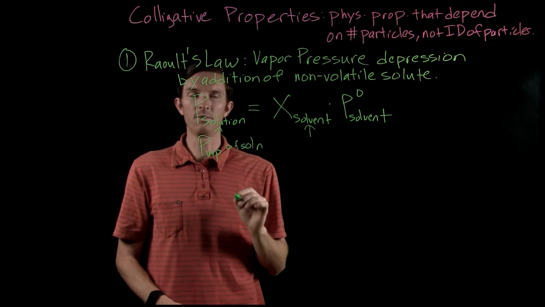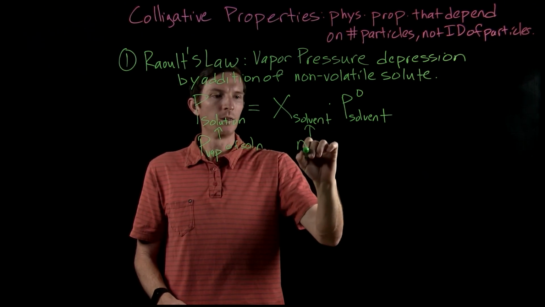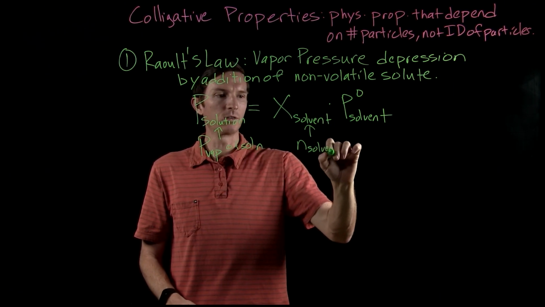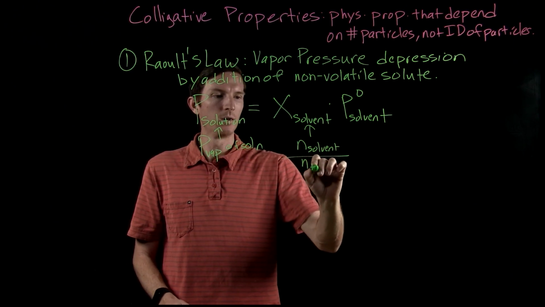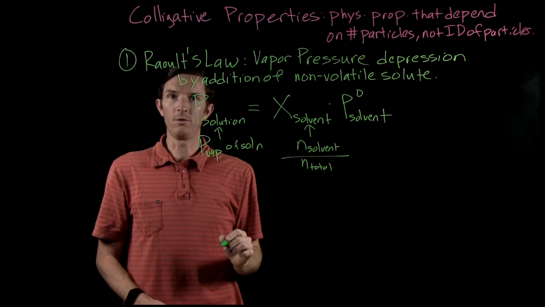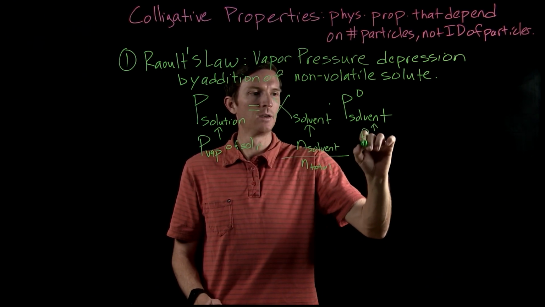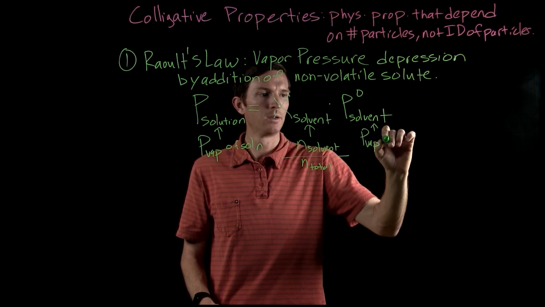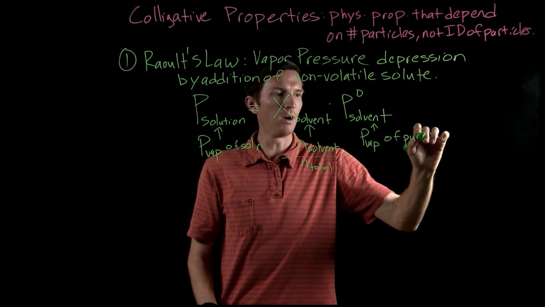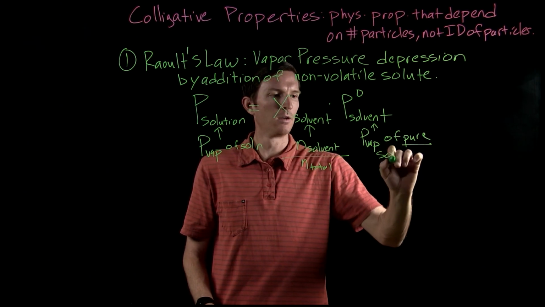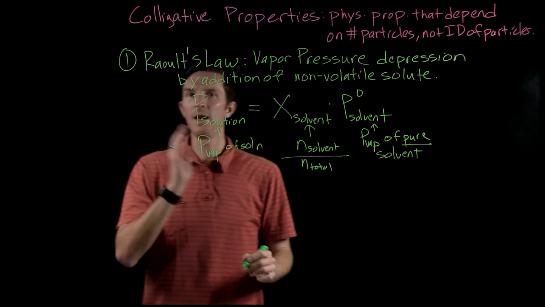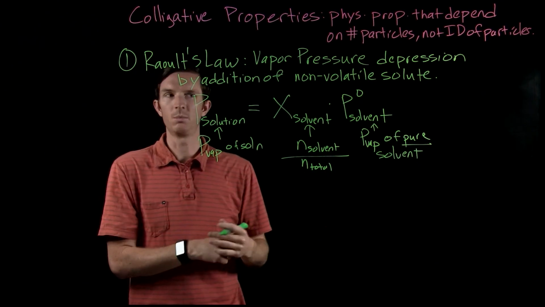This would be the mole fraction of our solvent, so that would be the number of moles of our solvent divided by the total number of moles. And then this is the vapor pressure of our pure solvent. So we haven't added anything into it. That's just what the vapor pressure would be.